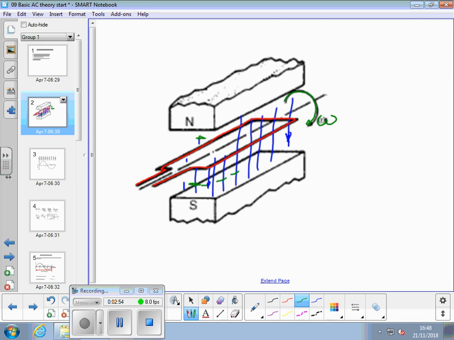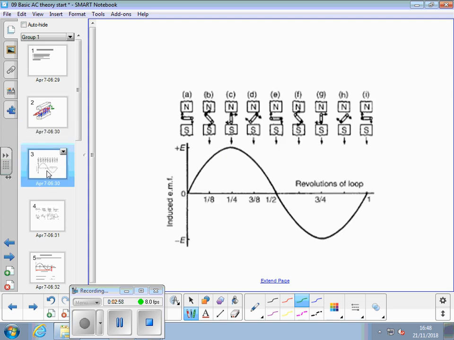Now, if we move on from that a little bit and look at the stages as this coil goes around one complete revolution. As I said, at that horizontal position, no voltage generated. Halfway between there and the North Pole, some voltage generated. When that conductor's at the North Pole, maximum voltage generated.